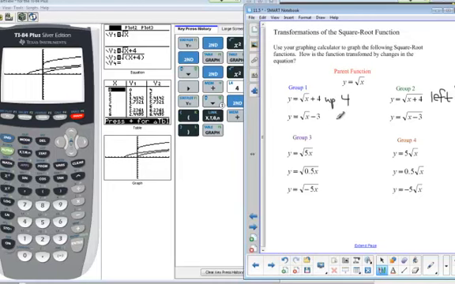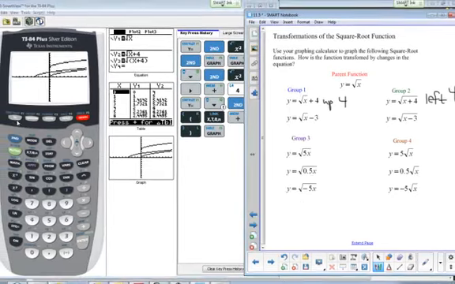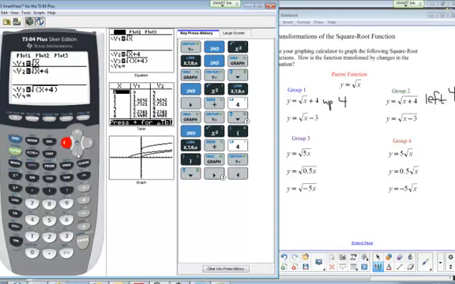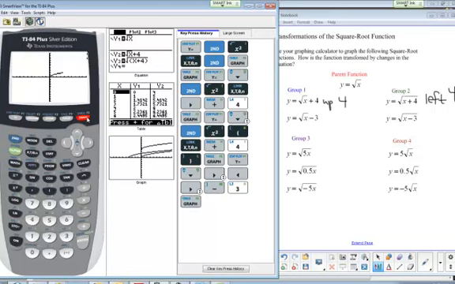Okay, so then this x minus 3, if we go back here, I'm just going to change my 3 down here to a minus. And since this shifted it up 4, what do you think this is going to do? I would guess it would shift it down 3. And there you go, down 3.